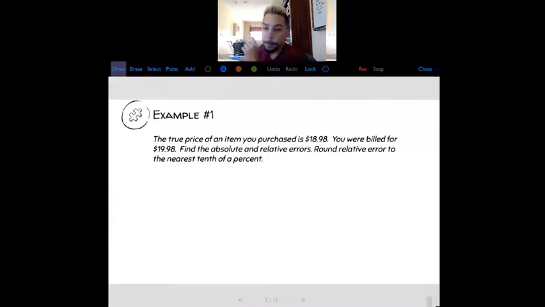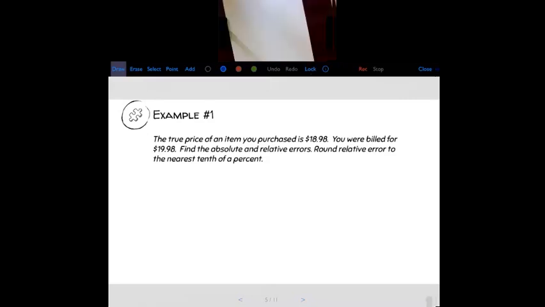Let's look at example 1. Example 1 says, the true price of an item you purchased is $18.98. You were billed $19.98. Find the absolute and relative errors. In these problems, make sure that you're always keeping an eye on the level of decimal place we want to go to. In this case, we want to go to the nearest 1/10 of a percent.